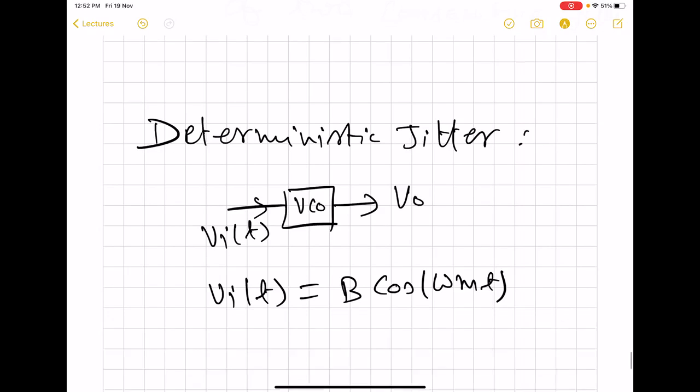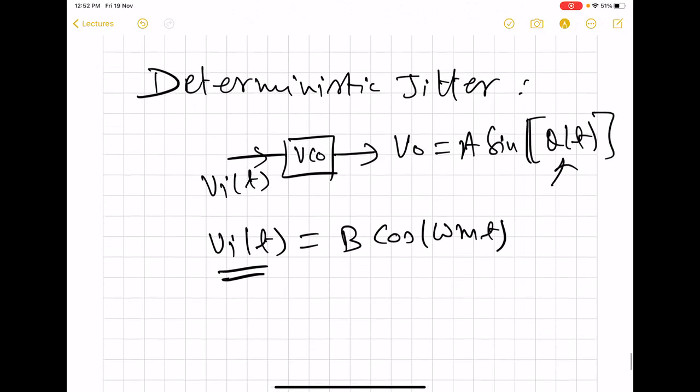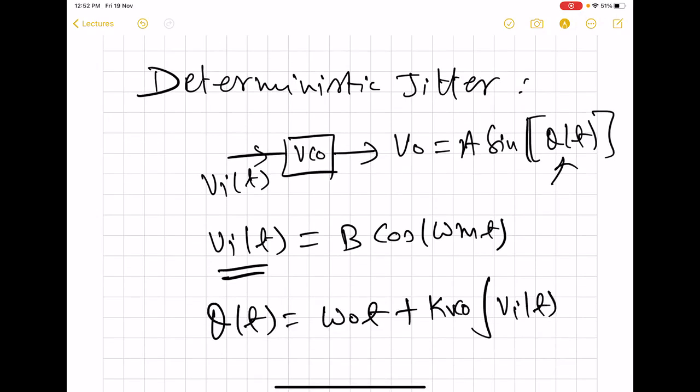So we know that this output is going to be a sine theta t. So now this theta t will be dictated by this input voltage, control voltage. So we know that theta t is given by omega naught t plus K VCO integral of Vi.